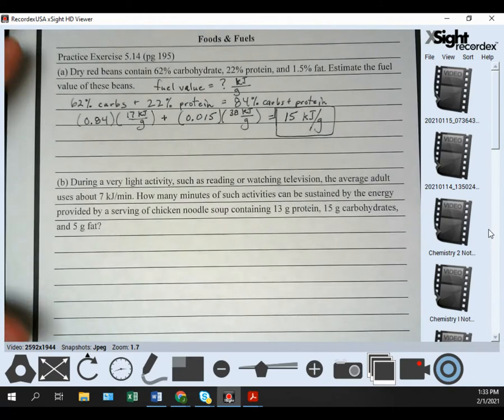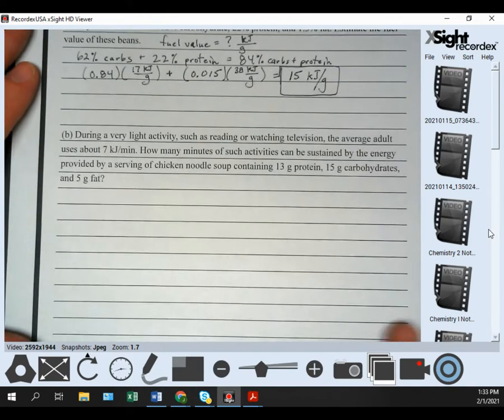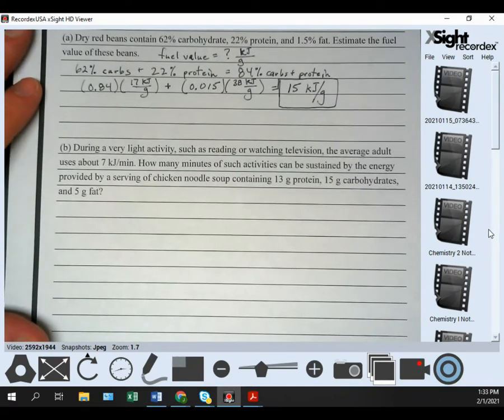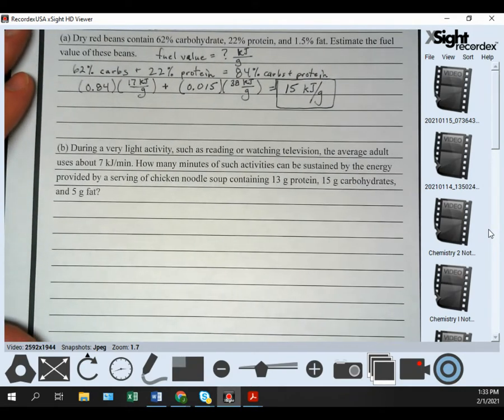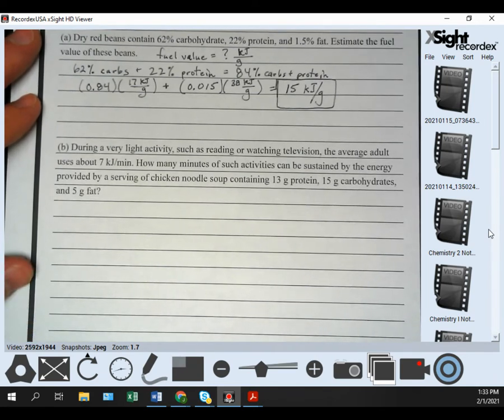All right. Let's see. Last one. During a very light activity, such as reading or watching television, the average adult uses about 7 kilojoules per minute. How many minutes of such activities can be sustained by the energy provided by a serving of chicken noodle soup containing 13 grams of protein, 15 grams of carbohydrates, and 5 grams of fat?